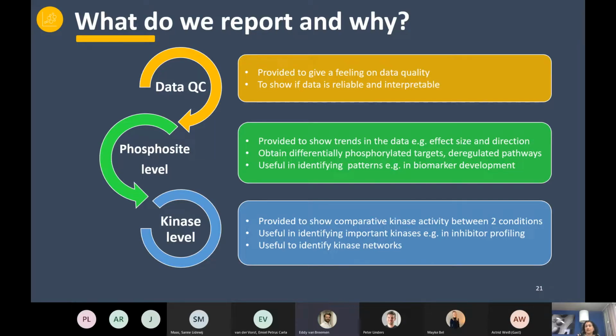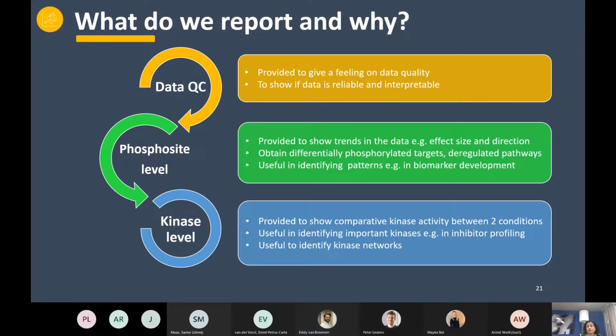And of course, we can get differentially phosphorylated targets and deregulated pathways from this, because often you can move this into pathway analysis software, such as MetaCore, Ingenuity Pathways, or many of the free ones like g:Profiler, KEGG. There are many pathway analysis tools to which you can input this differentially phosphorylated data to obtain more context.